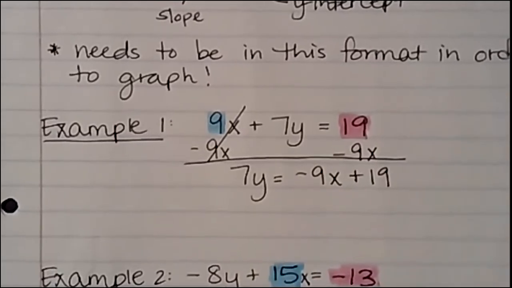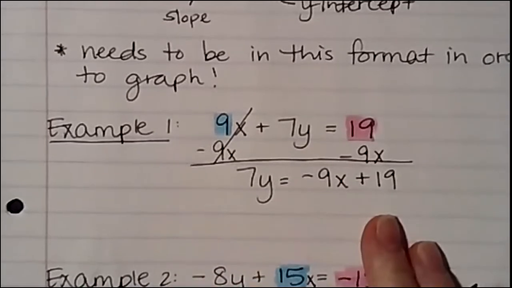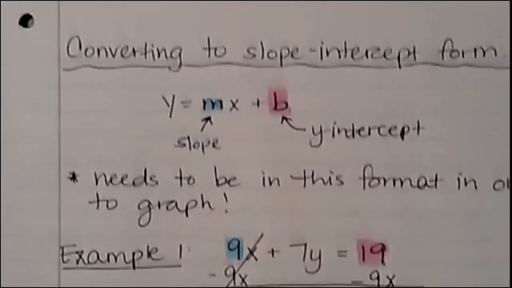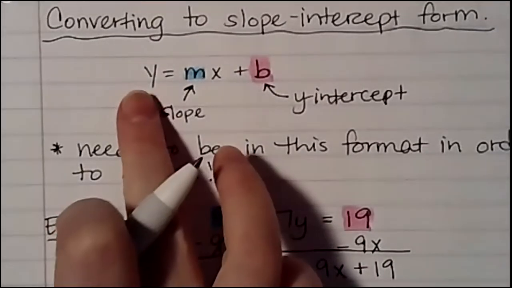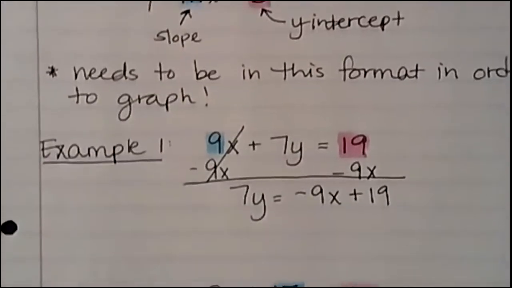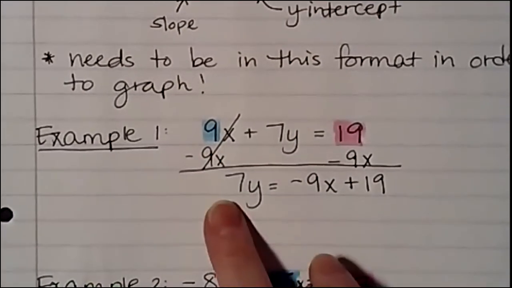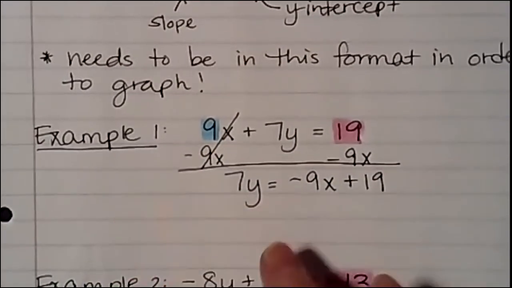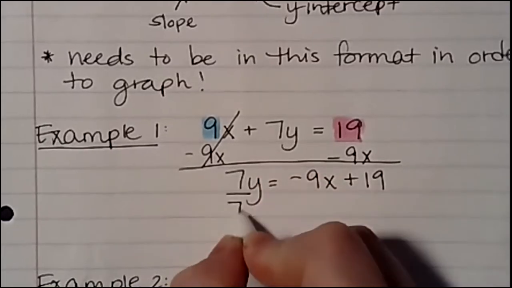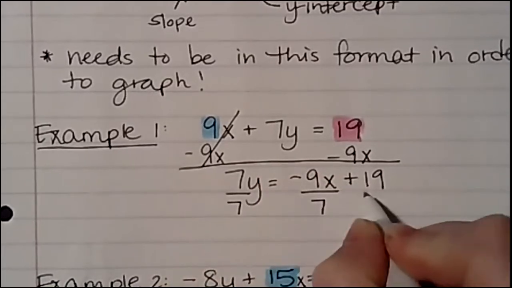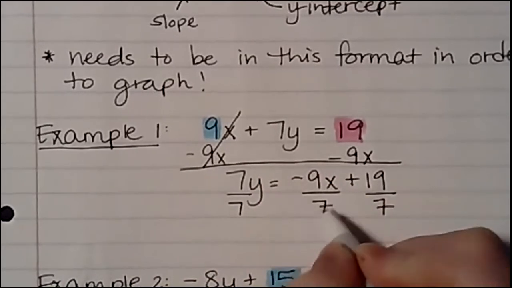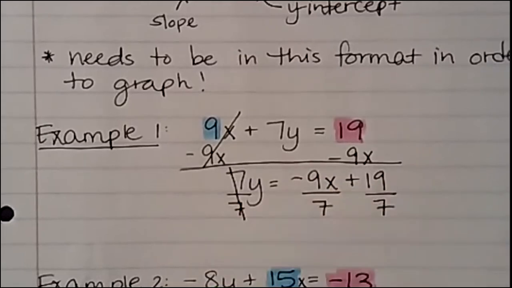Now, some of you will get confused and say, okay, but it's in y equals mx plus b form, but it's not. As you can see here, the y has to be alone. The 7 is being multiplied by the y, and the inverse of that is division. So I'm going to divide every single thing by 7, and then cross them out.